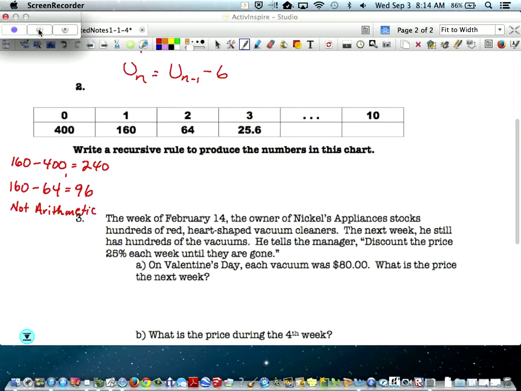Can somebody explain what was happening in the red numbers? It's not an arithmetic problem, it's a geometric problem. Do you know what's happening in the red numbers though? You were subtracting 160 and 400, gave the 240 number, then you were subtracting 160 and 64, you got 96.